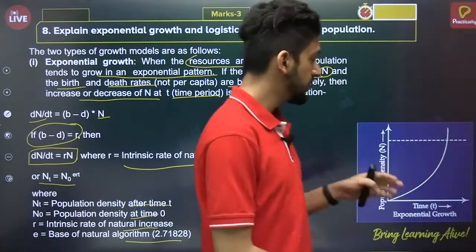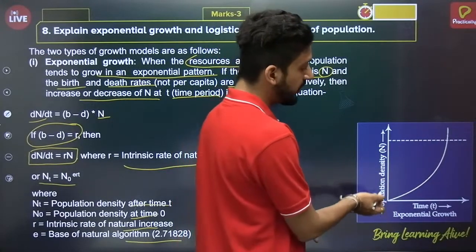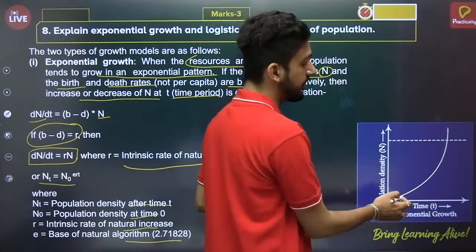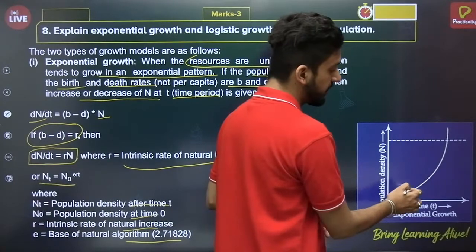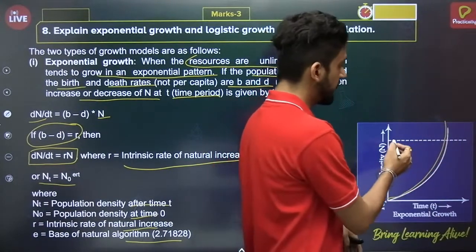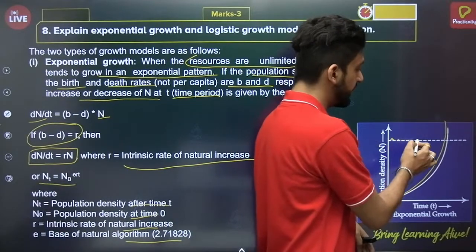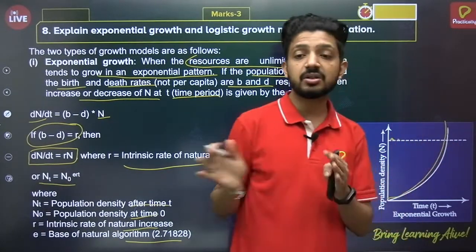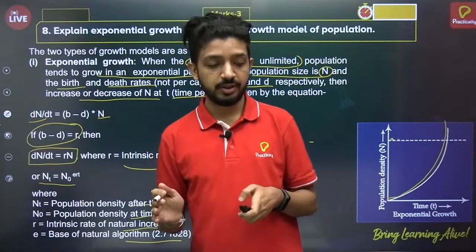And here you can see the graph. If we plot the population density N against time, you can see that this graph is exponentially increasing, crossing the limit since the resources are unlimited.